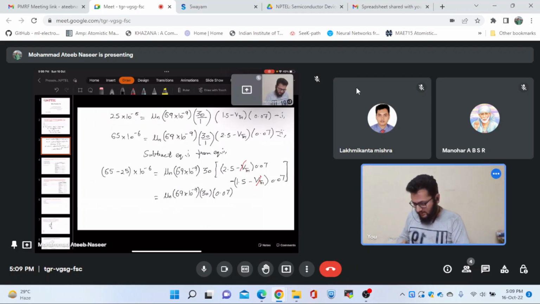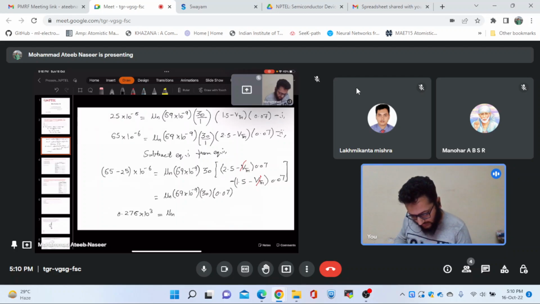Let us use the calculator. So it will simply be 30 divided by 69 divided by 0.07 into, it is coming out to be 0.276 into 10 to the power of 3 mu n.